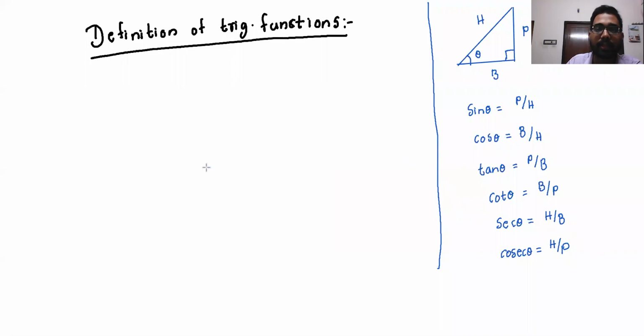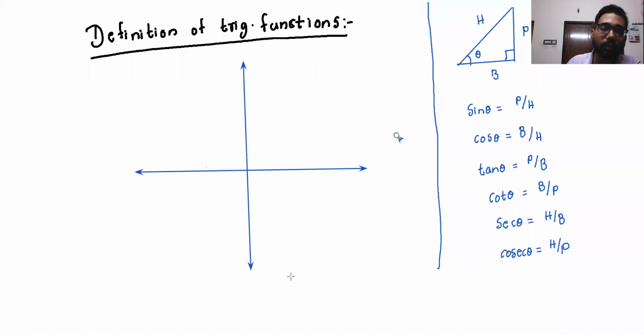Let me take the axis. You take a reference like this. Let us consider a line. Let us consider this point as P. So this point is O, the reference, and this point is P, some point.